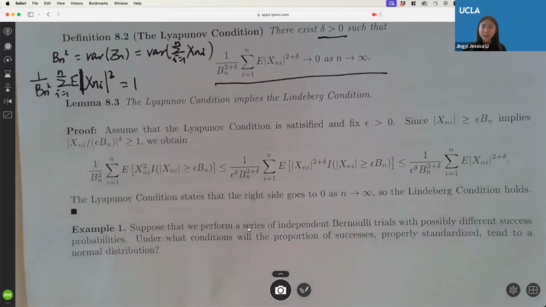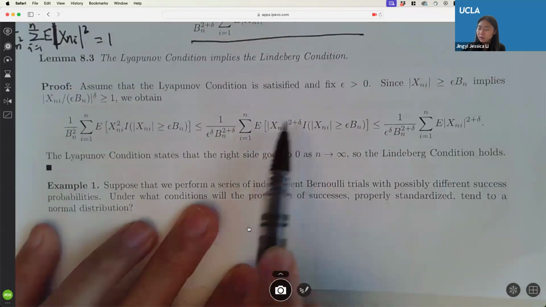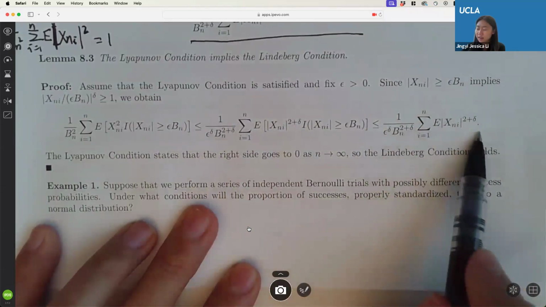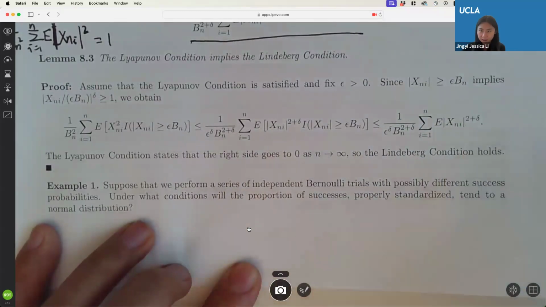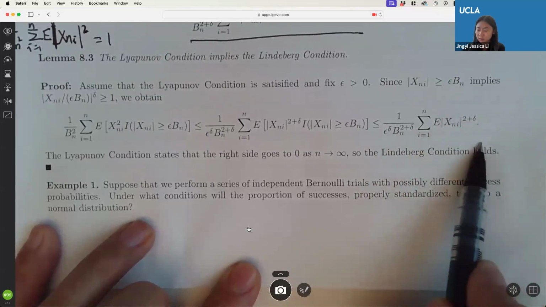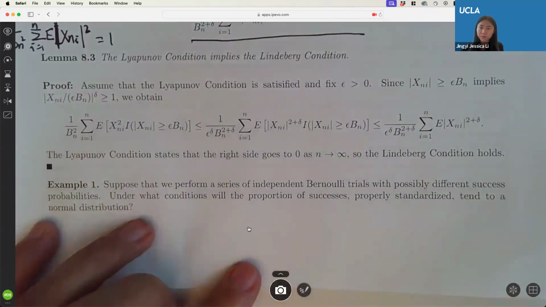So this upper bound is not useful. This upper bound is 1, stays as 1. You cannot go down to 0. But here, by multiplying this delta power to each term, you are not getting a value of 1. You can let this go down to 0, and this will imply this goes down to 0. So essentially, you can make the upper bound go down to 0.